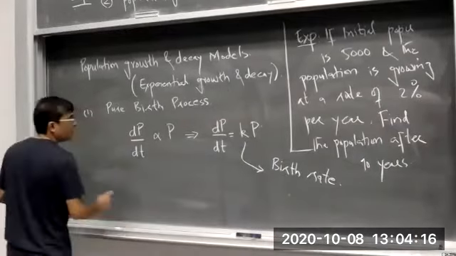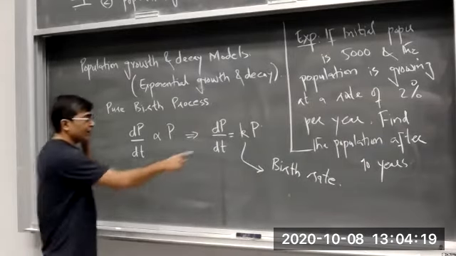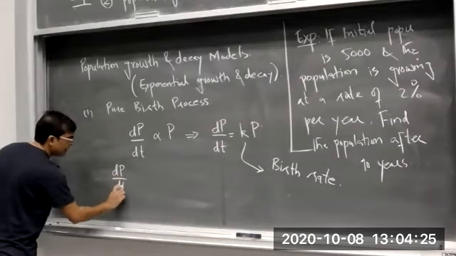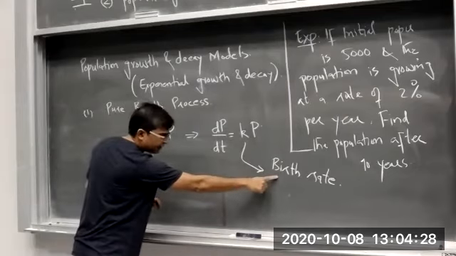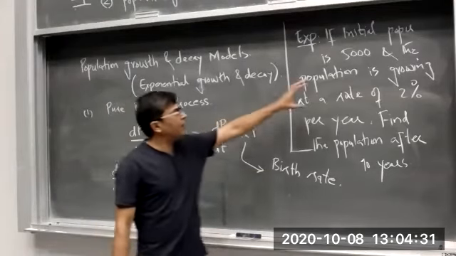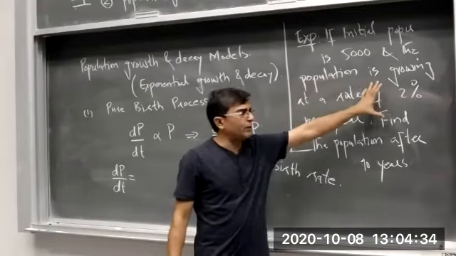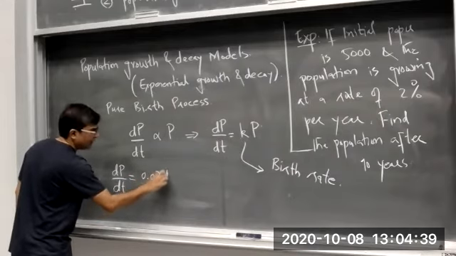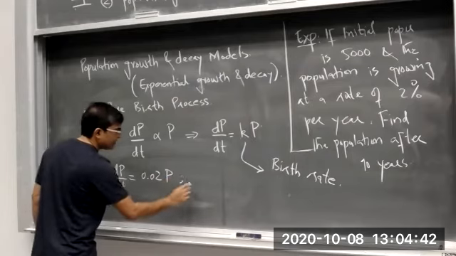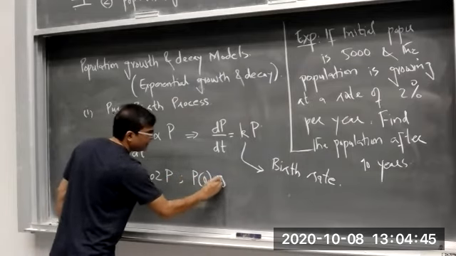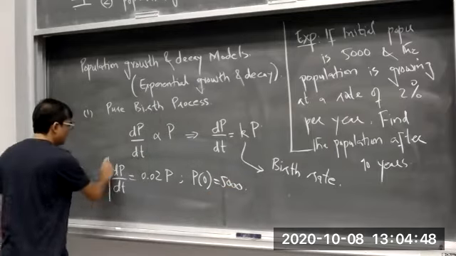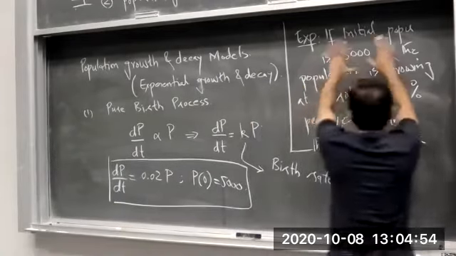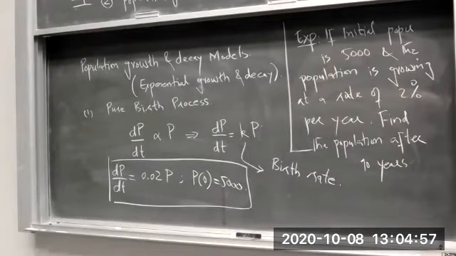Now, in this case, what we will have, the differential equation, this one will become what? dP/dt = kP, where k is the rate of change of population, okay. So here what is the rate, 2%, so what will be the value of k here, 0.02 times P, along with the initial condition P(0) = 5,000, okay. So you now have a complete mathematical model which describes this physical process, okay.